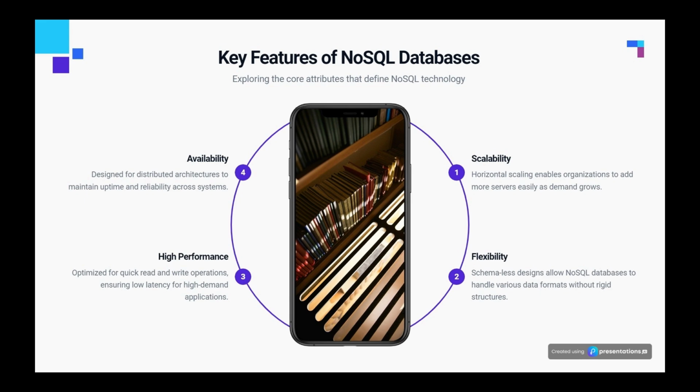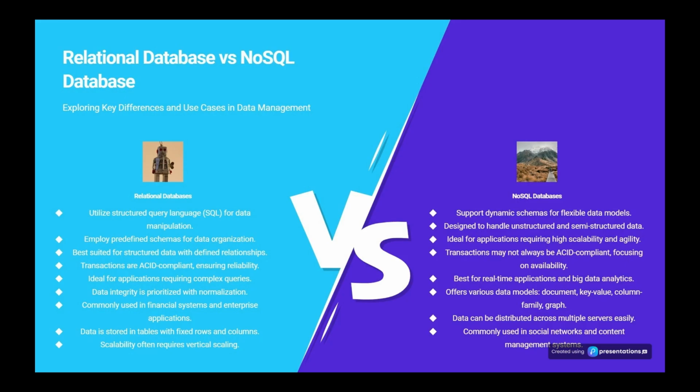Then we have availability. It is designed for distributed architectures to maintain uptime and reliability across systems. And it provides us with high performance, which is optimized quick read and write operations, which ensures low latency for high demand applications.